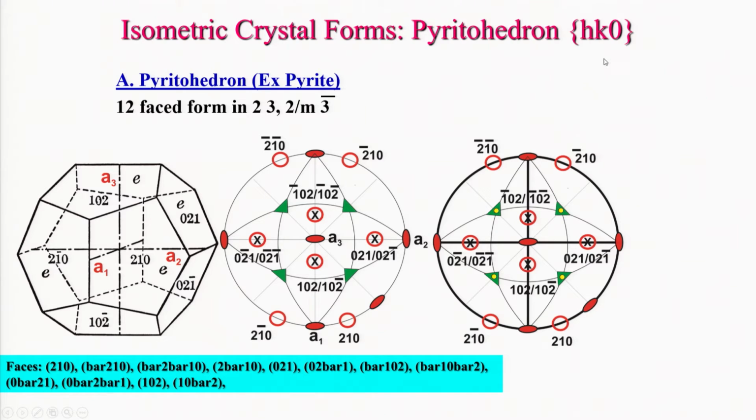When we talk about HK0, we again remind you that when 0 is in the position of C, it represents a vertical crystal face. So, let us take H equal to 2 and K equal to 1.